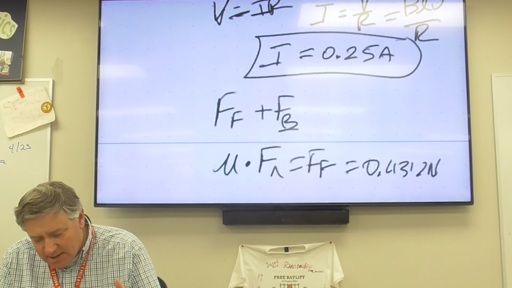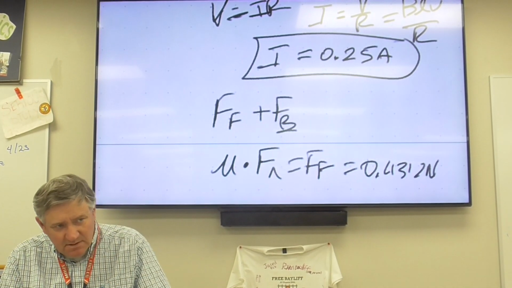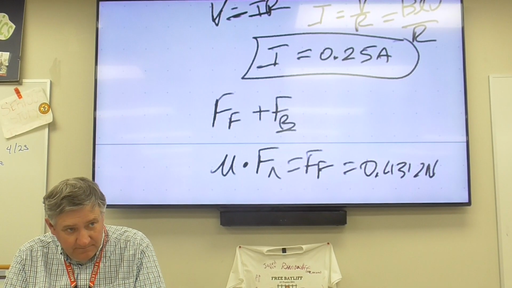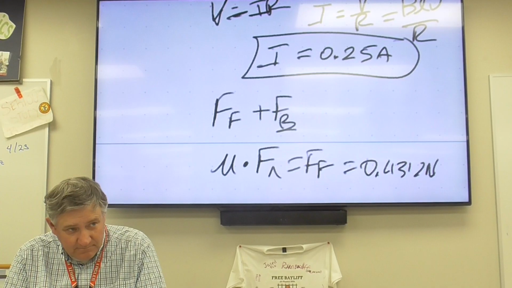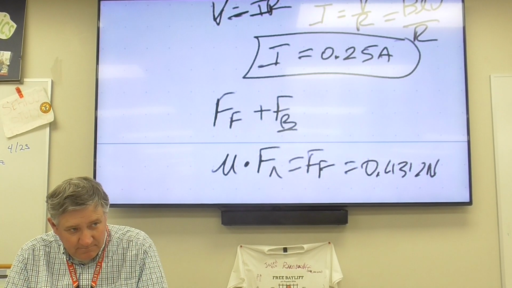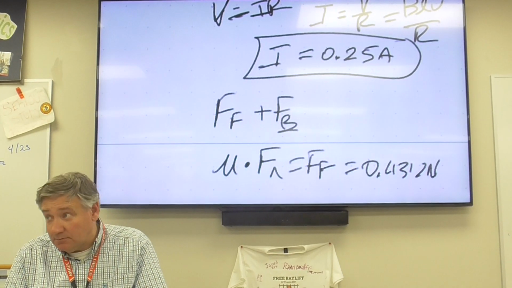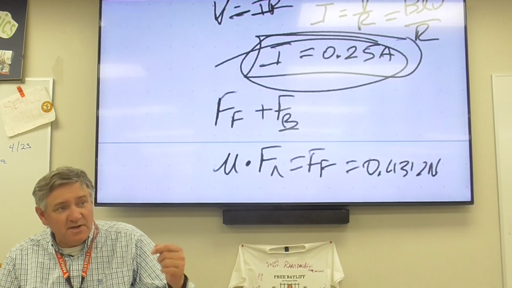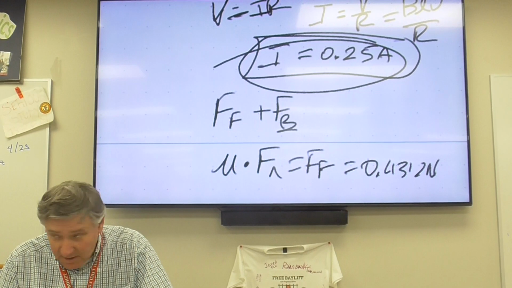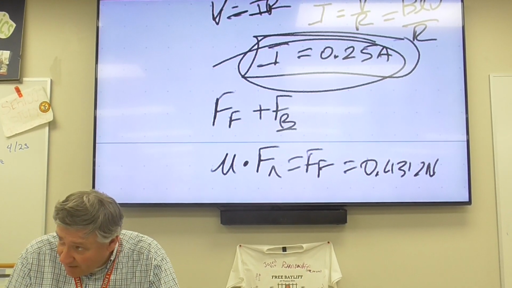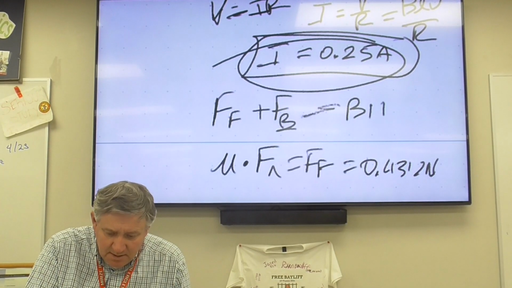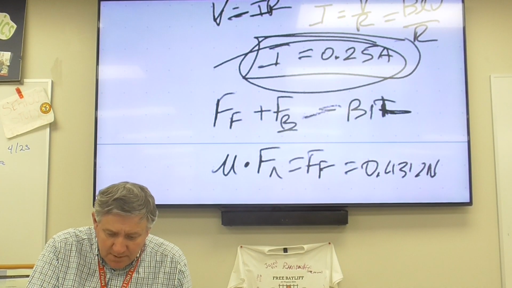Now, how are you going to get the force from the magnetic portion of it? Bil. You want to use Bil because there's a reason that you found that current. So this part is going to be Bil.